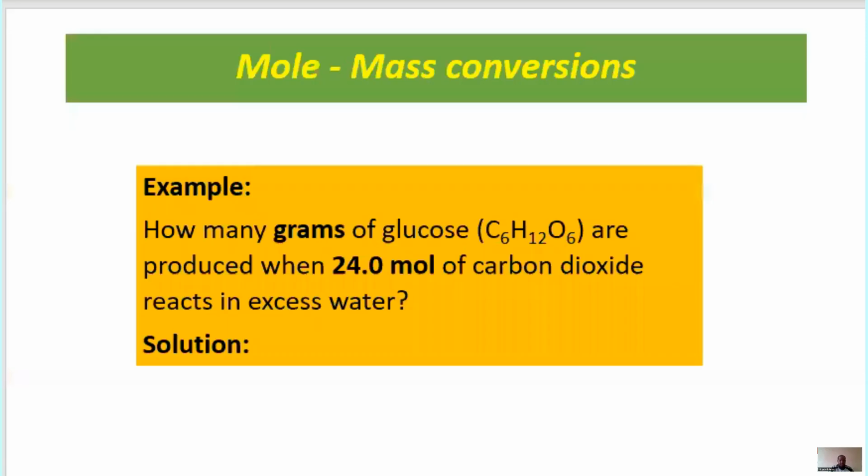Here is one example. How many grams of glucose are produced when 24 mole of carbon dioxide reacts in excess water? Here, the mass in grams is required, and the mole is given. How can we find the mass?